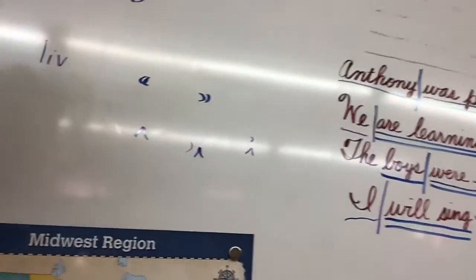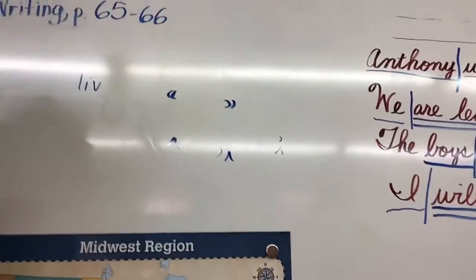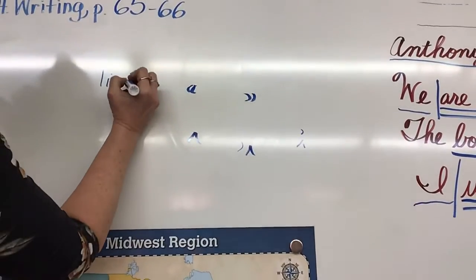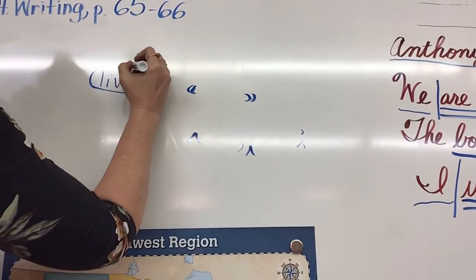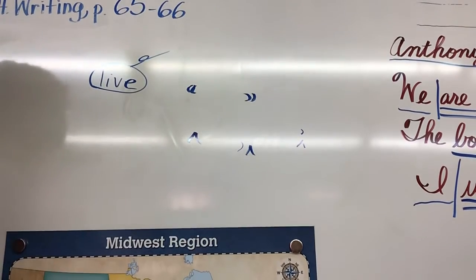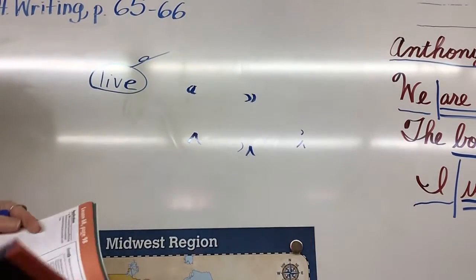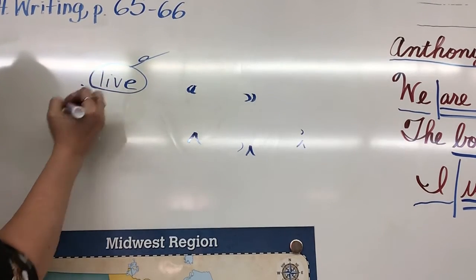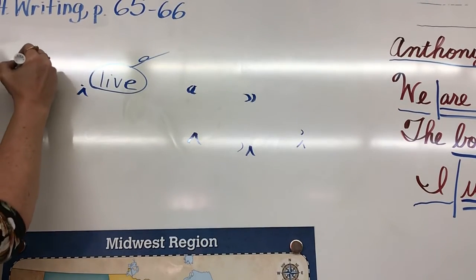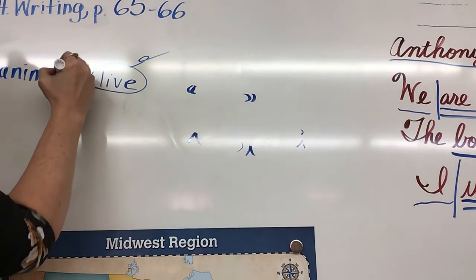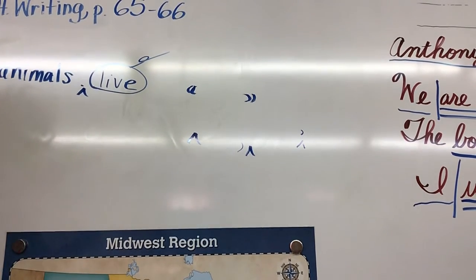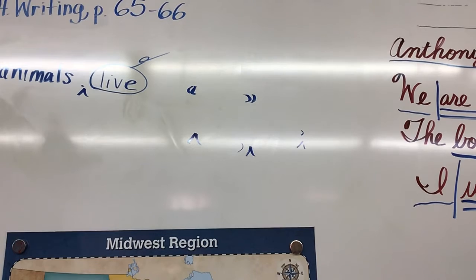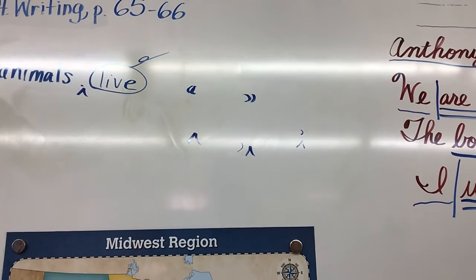Take that word live, circle it, and then put that little take-it-away mark. And then insert a period right after the word animals. Because somehow your books have a mistake in them. So take away that word live. It should not be there. That does not even make sense.